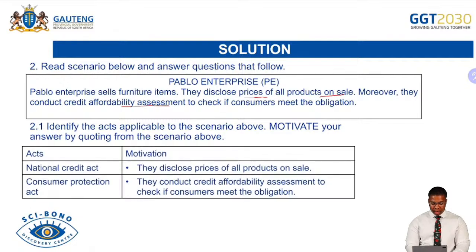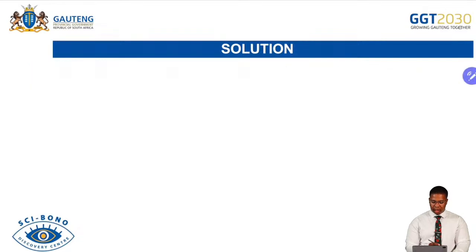When you look into them, we know that we have the National Credit Act and we also have the Consumer Protection Act. So with those, that gives you a guideline: the Consumer Protection Act will talk about the disclosing of information. But when you are looking into the National Credit Act, it will focus on what? The credit affordability being conducted.